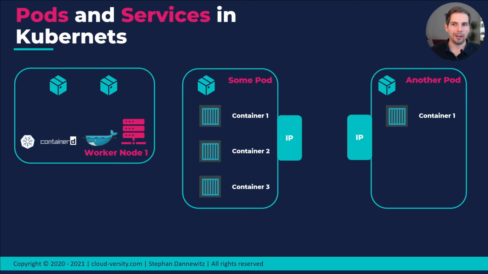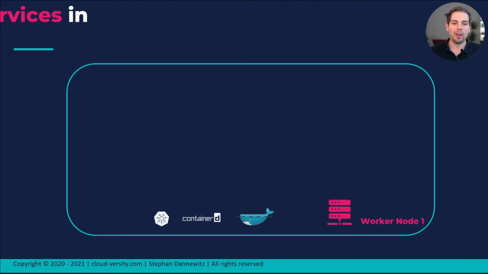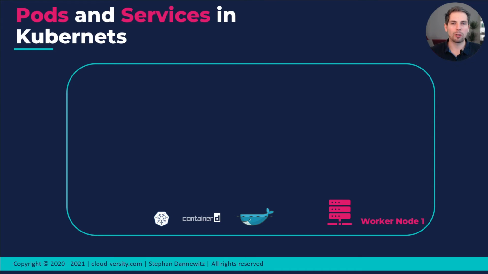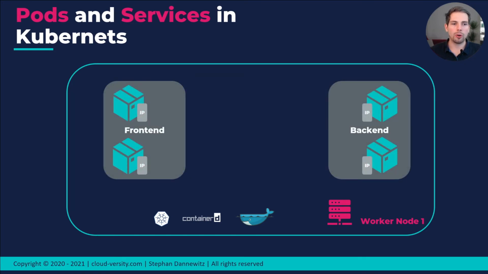But maybe you asked yourself already a question. If pods have an internal IP and they can be destroyed at any point in time or scaled up and down at any point in time, how do you keep track of the IP of any pod in your whole Kubernetes cluster? And therefore we have something called services. So let's think about, we have a front-end service and we have a front end and the back end.